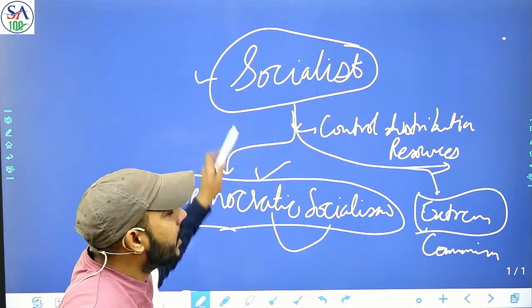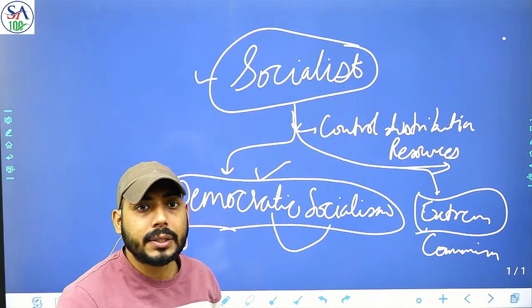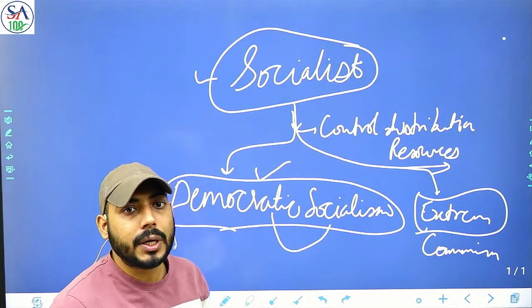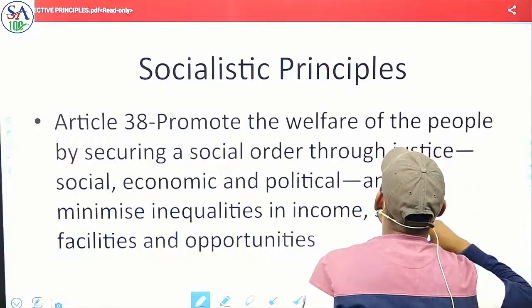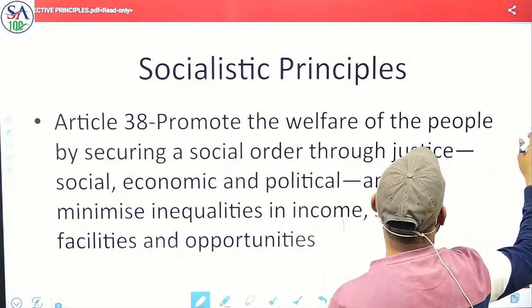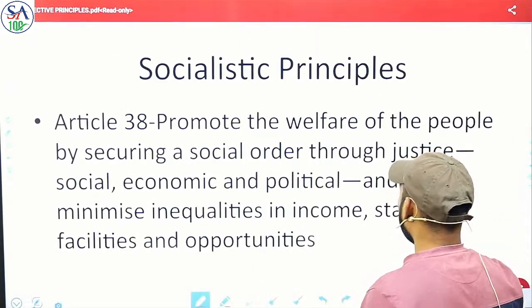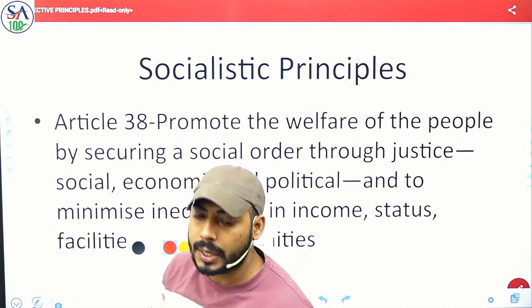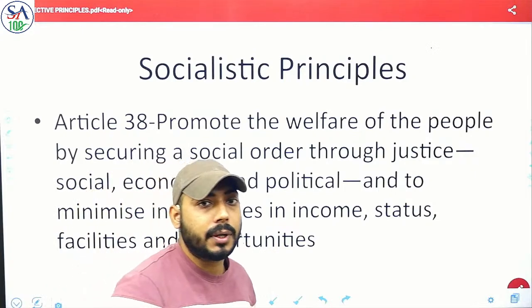And it was inserted in the Indian Preamble in the year 1976 through the 42nd Constitutional Amendment. Now, one by one, we will focus on the different articles included under the socialist principle.